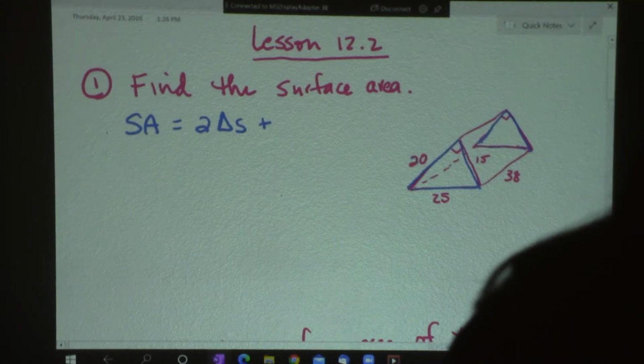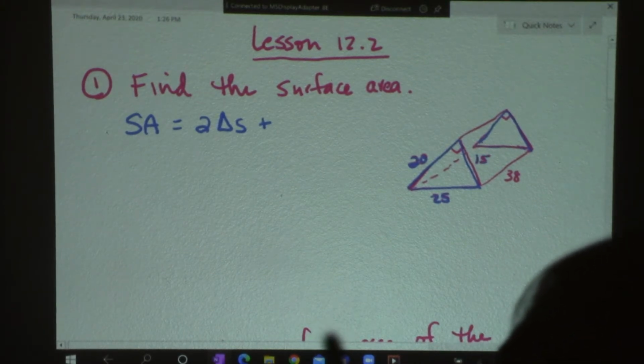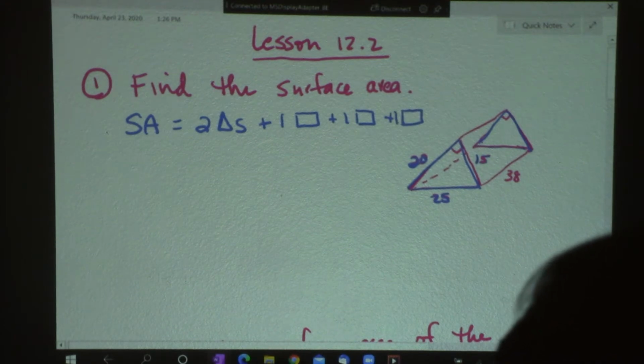Do you see here? I've got 20, I've got 25, and I've got 15 here. All three of those sides are different, so I'm going to put 3 different rectangles down. So my total surface area is going to be 2 triangles plus 3 different rectangles.